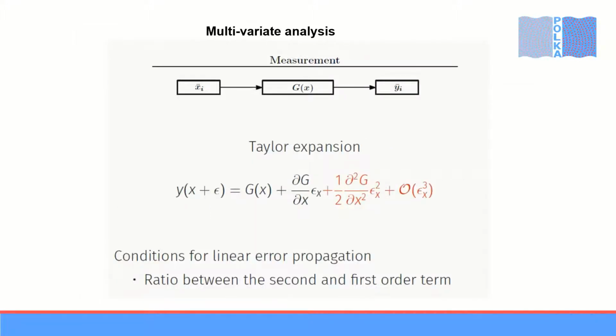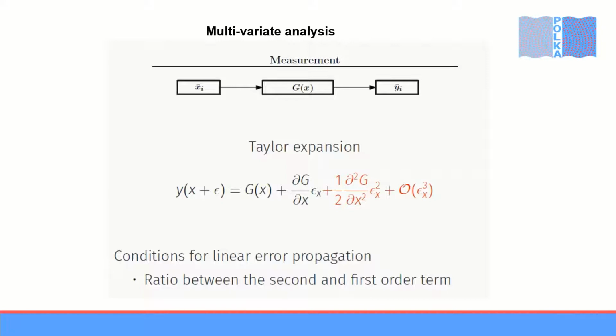So the multivariate analysis, basically it's a Taylor expansion. If you have an equation for what you do in your data analysis, you make a Taylor expansion and you throw away higher order terms. So you just take the first expansion term.